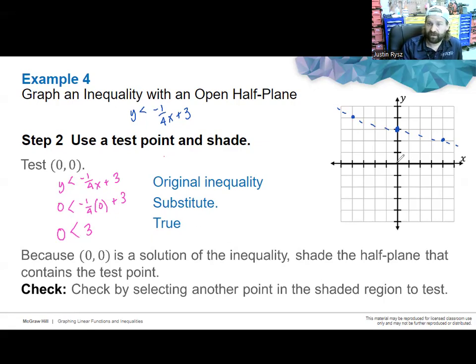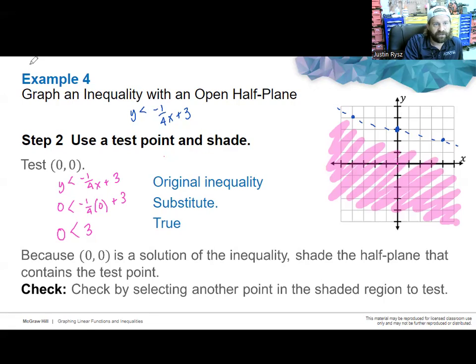And we figure out if that statement is true or false. Since 0 is less than 3, we are going to shade that side of the graph. If 0 was not less than 3, if we got a false statement, that means we need to shade the other side of the graph. So we always pick a point and test it out.